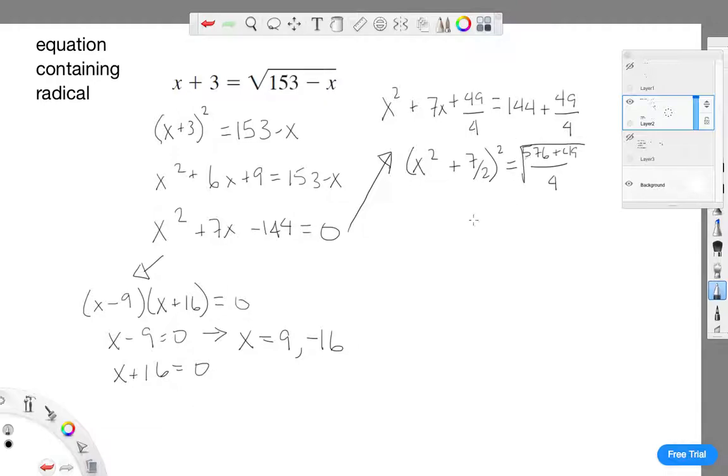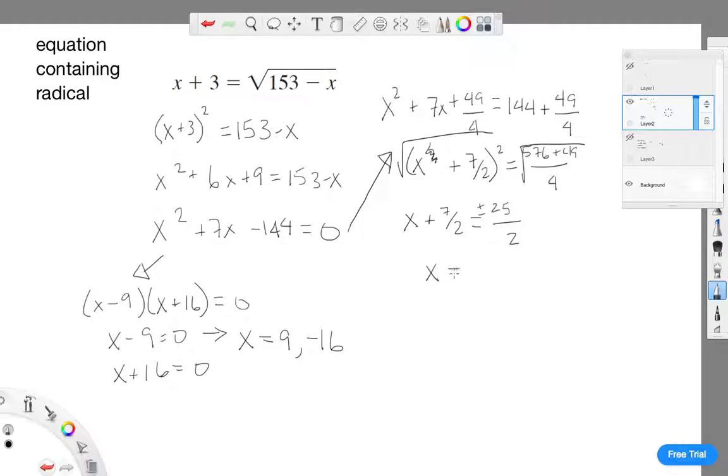Take a square root of that. So we've got x plus 7 halves is equal to the square root of 625 is the sum here. Square root of 625, you should know that one is 25. So we got plus or minus 25 over 2.